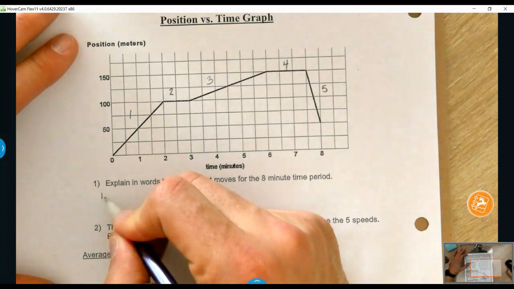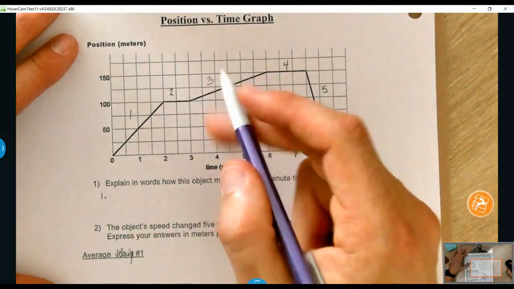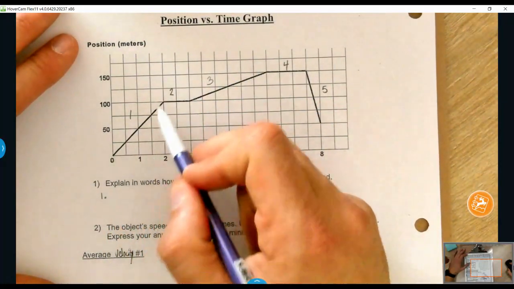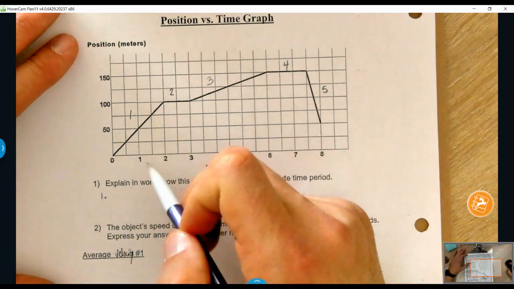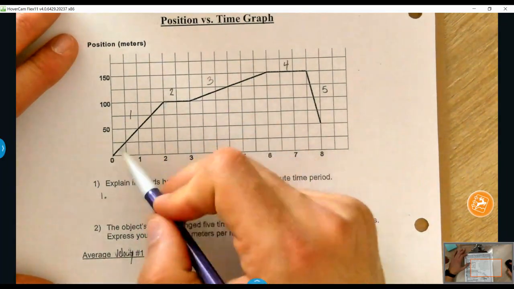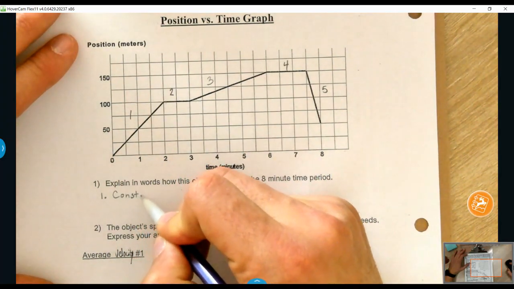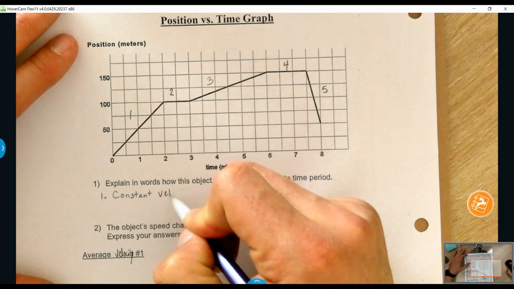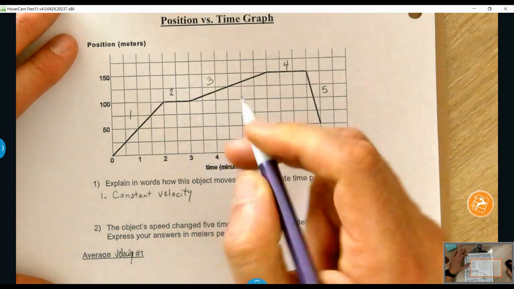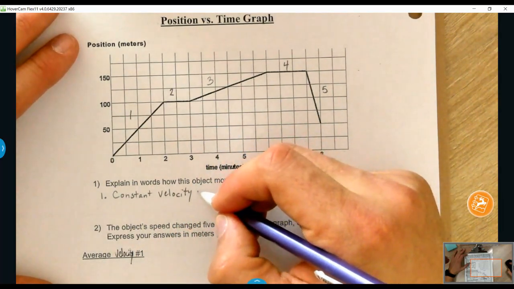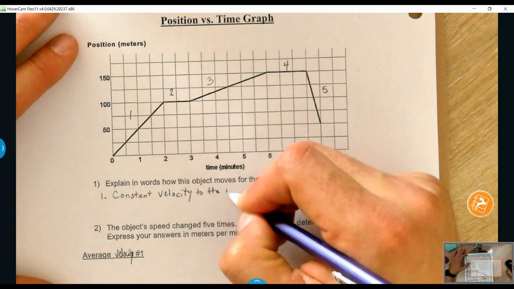So 1, am I moving at a constant velocity here? Yeah, right, because I'm moving to the right and my slope is not changing. All right, constant velocity to the right.